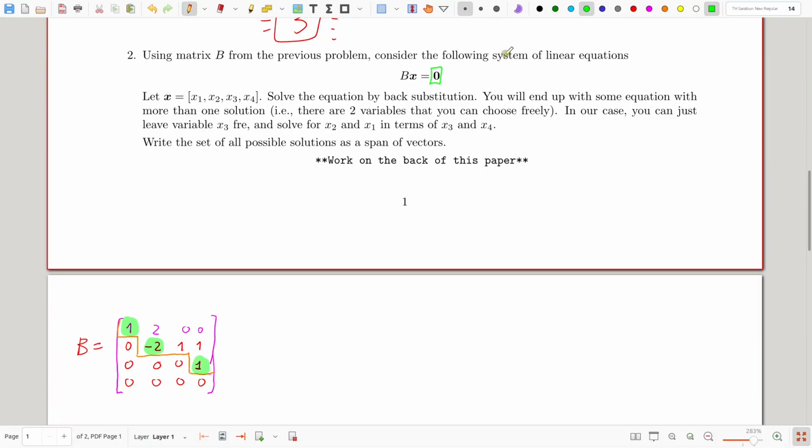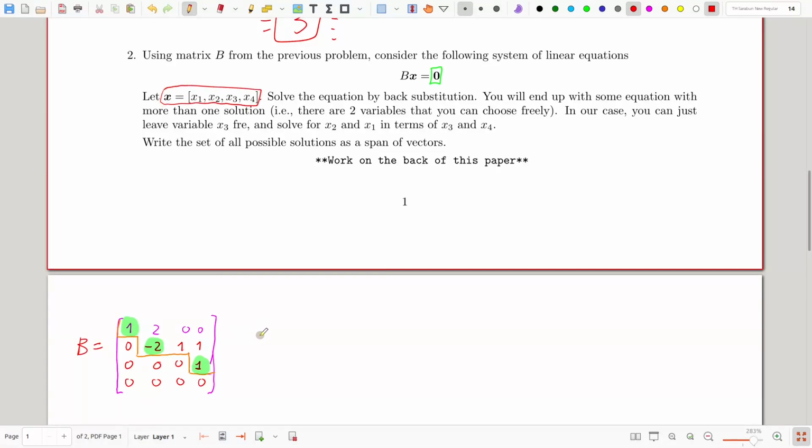If you have a non-homogeneous system, the right-hand side can be non-zero, but a homogeneous linear equation has the right-hand side constant 0. So we look at the solutions of this homogeneous linear system. Let x be these 4 variables.